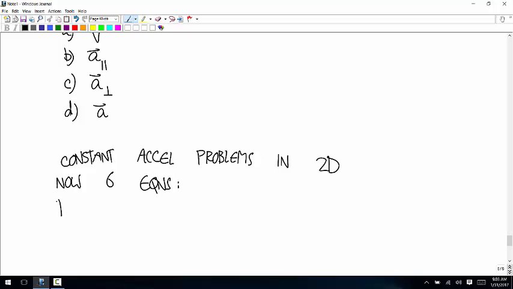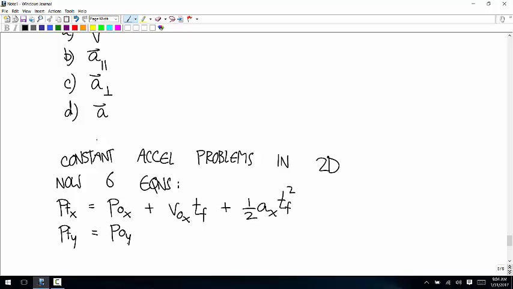So Pfx is equal to P0x plus V0x Tf plus 1/2 Ax Tf squared. Pfy is equal to P0y plus V0y Tf plus 1/2 Ay Tf squared.